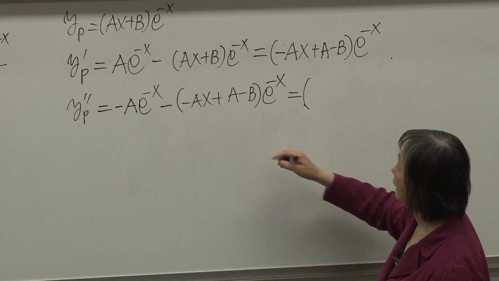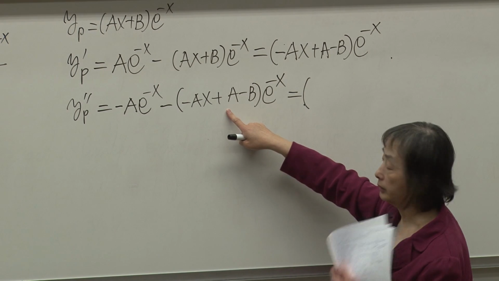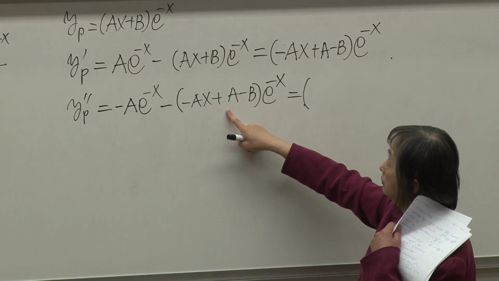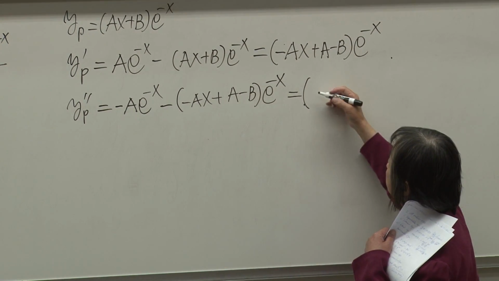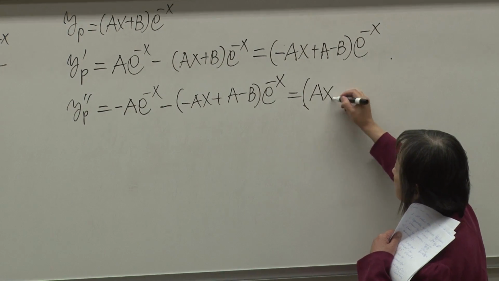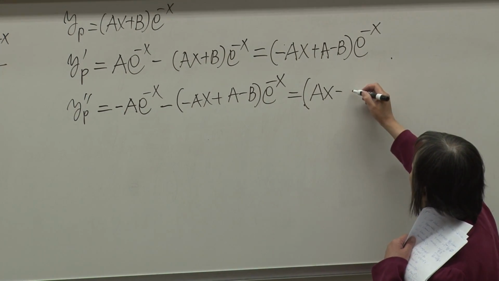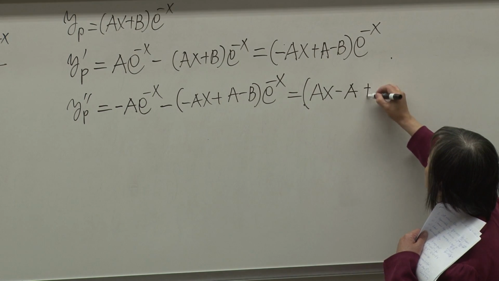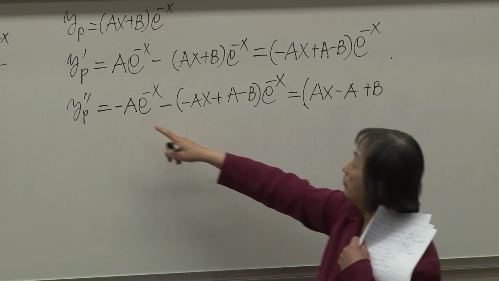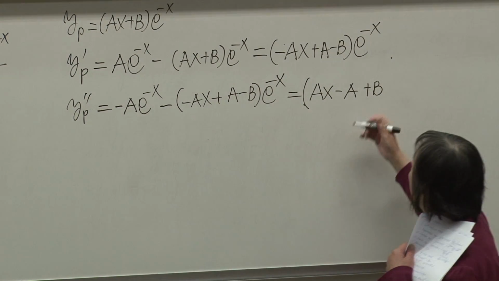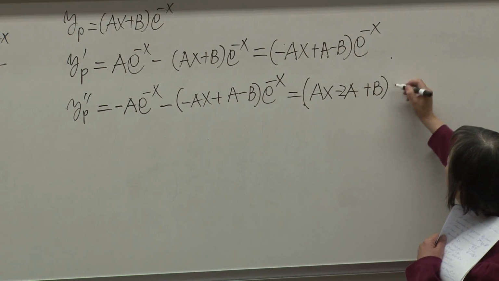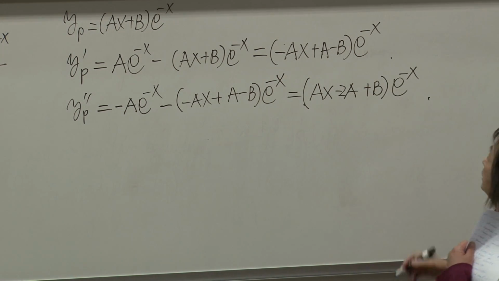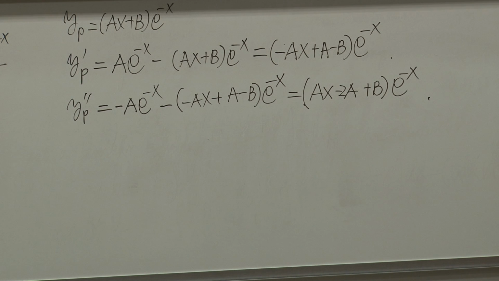So we multiply the negative sign into these parentheses. So we get ax minus a plus b, and then minus another constant a. So we get negative 2a, and then times e to negative x.